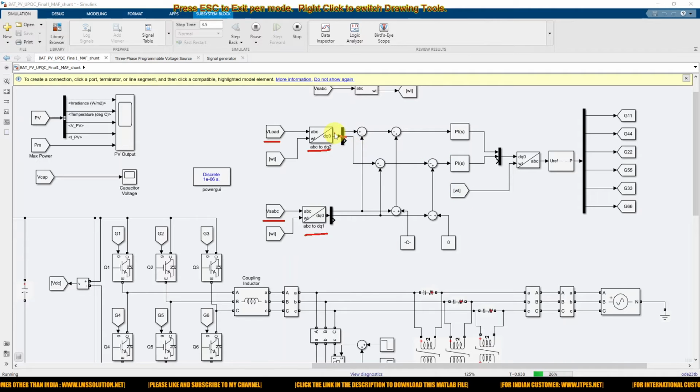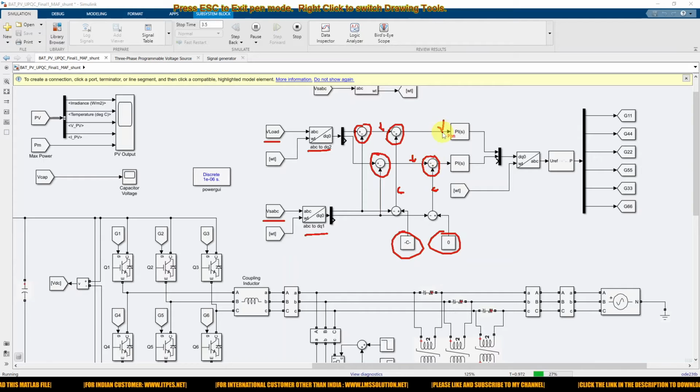Then the load voltage is compared with the source voltage, and this source voltage is compared with the reference voltage. After that comparison, this error voltage and this error voltage are compared here.